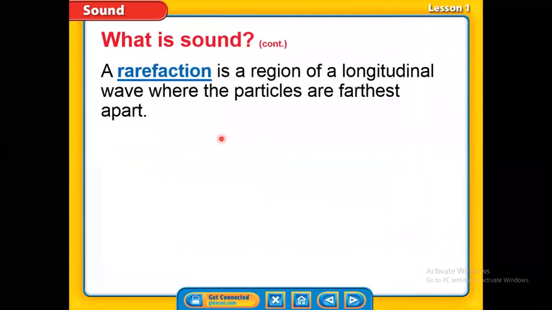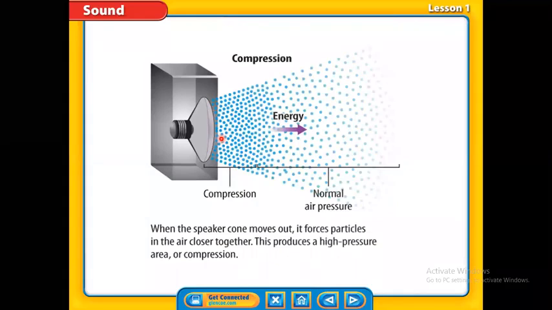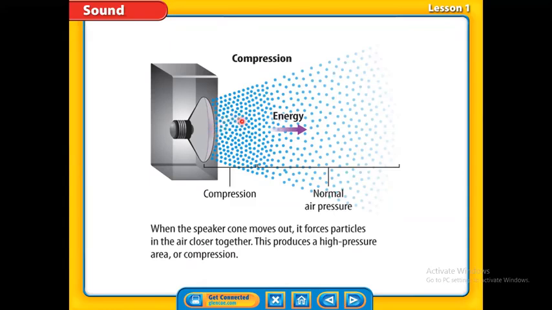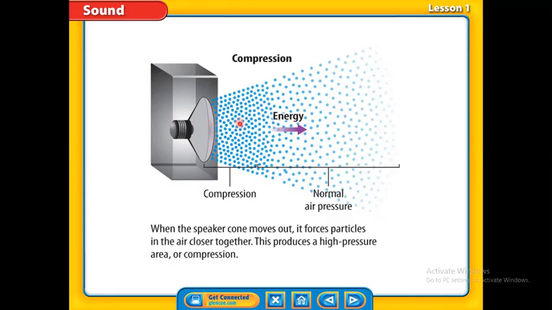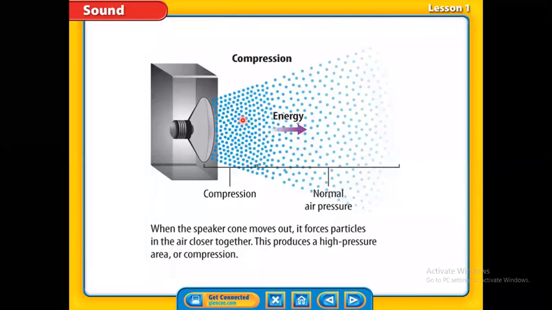Again, in the first image, where we have compression, the speaker moved out and pushed the particles, so they made this area of the wave where the particles are closer to each other. Not like on this other side where it's normal air pressure. There is nothing affecting this part. So the speaker turned on, it pushed the particles closer, which we call compression, the part of the wave where particles are closer to each other.